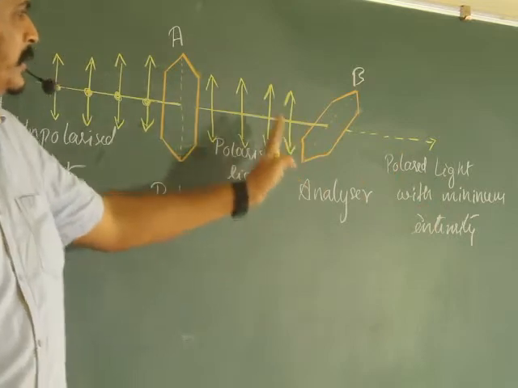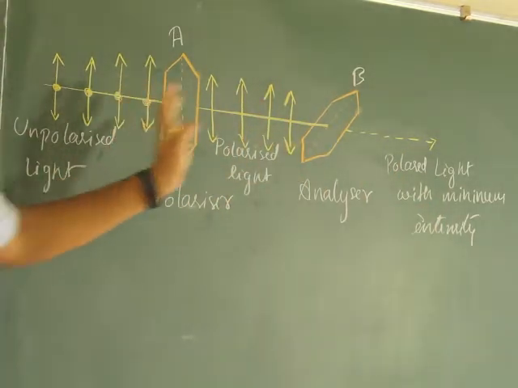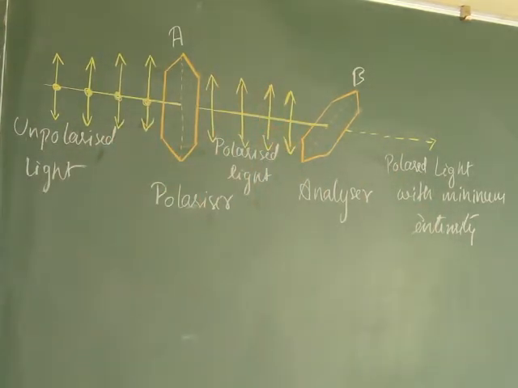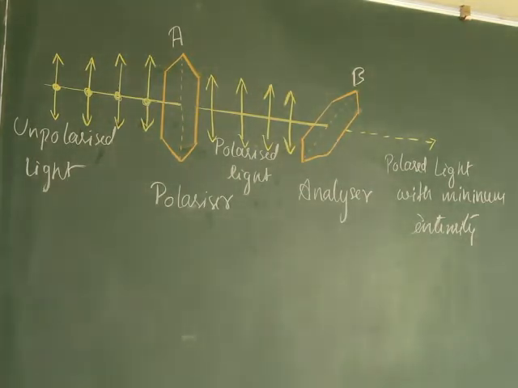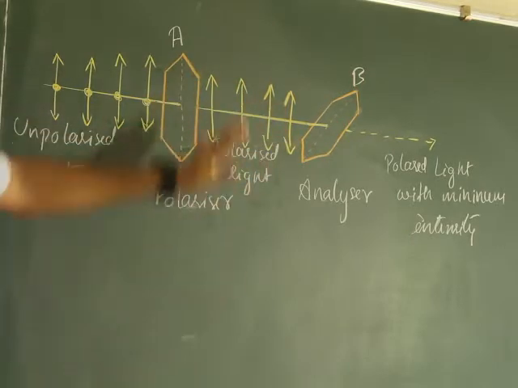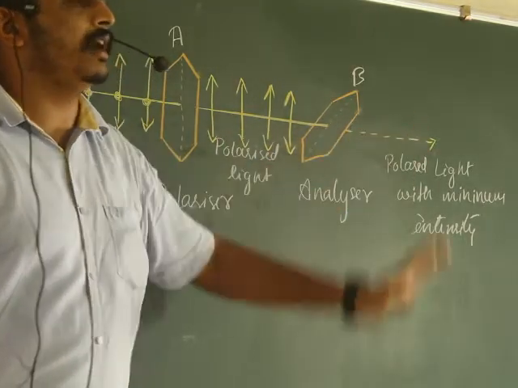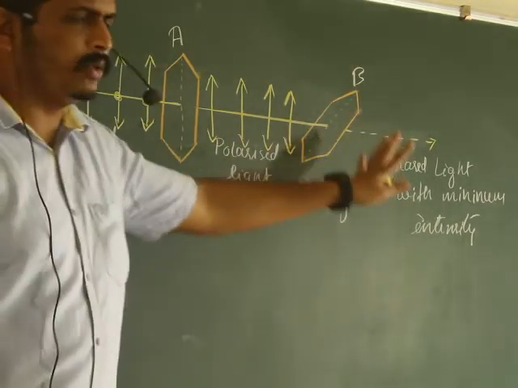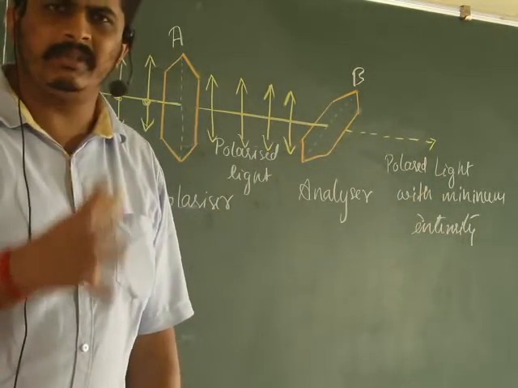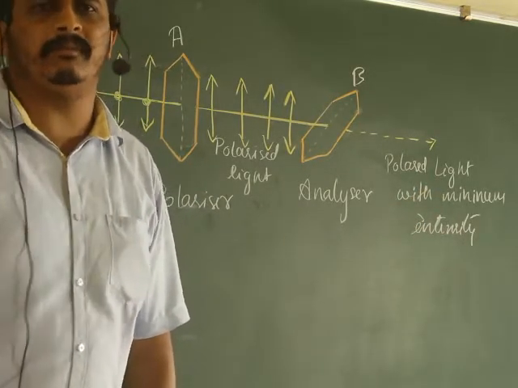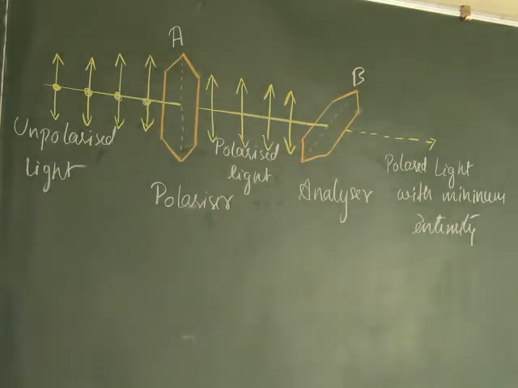So what happens to the vertical vibrations of light? They find obstacles. They are not able to pass through the crystal because the axis of polarization of the analyzer is tilted, not the same as that of A. So light doesn't have much intensity here, it becomes dark. That means we cannot say zero, slight intensity will be there, but very, very minimum intensity, because it is slightly tilted.